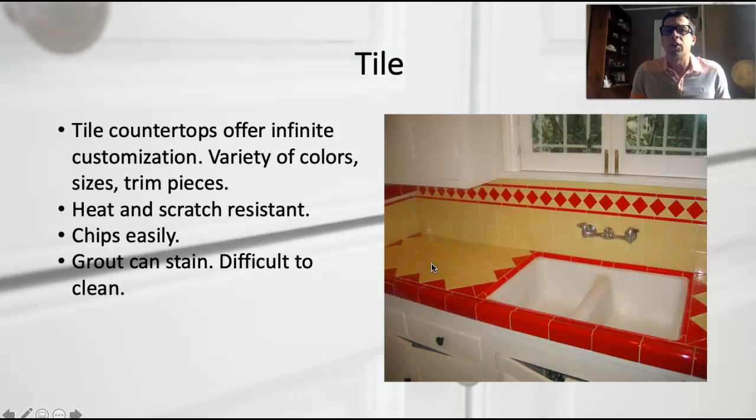So there's a lot of design possibilities with tile. Lots of different colors, lots of different little trim pieces, like trimming out the sink. I just really get excited about this stuff. It's scratch resistant, it's heat resistant. Problems with it, they can chip easily, they can break.